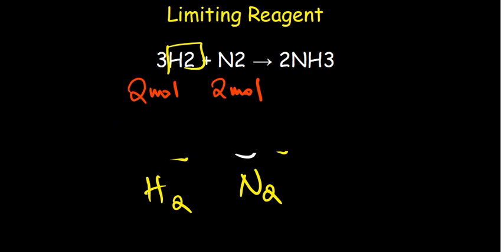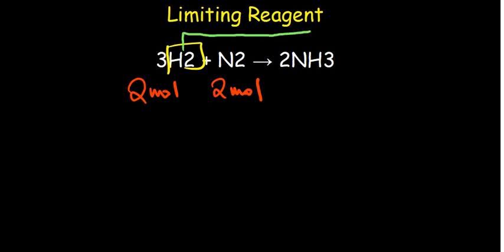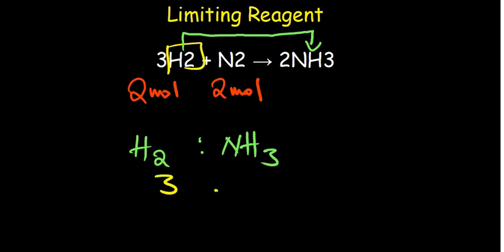The basic idea is you don't determine the limiting reagent by looking at the one having the least number of moles. No, that's not the way it works. I'll get the hydrogen and compare it against our product. If we compare our hydrogen to our ammonia which is being produced, they are in the ratio of 3 to 2.